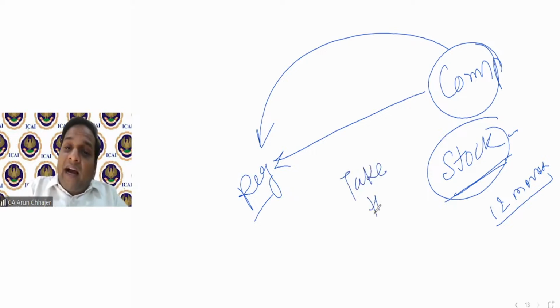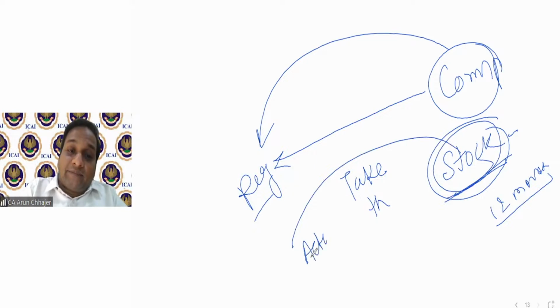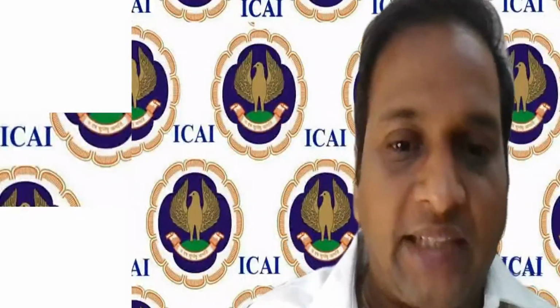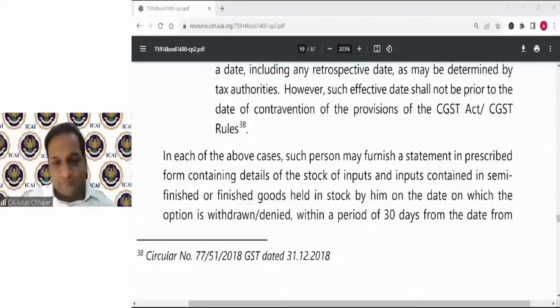You can take the ITC because now this stock would be sold at the actual tax rate. So if it is GST-paid stock, you can take the input tax credit by submitting certain forms.